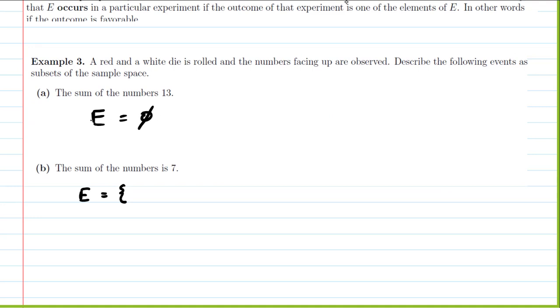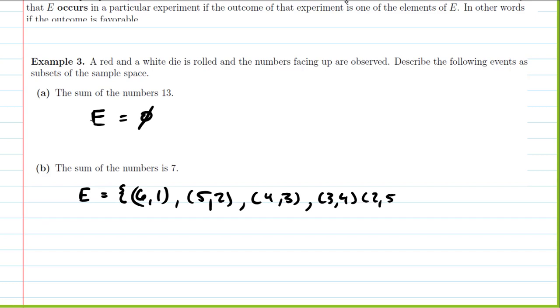So our possibilities are going to be 6, 1; 5, 2; 4, 3; 3, 4; 2, 5; and 1, 6, right?